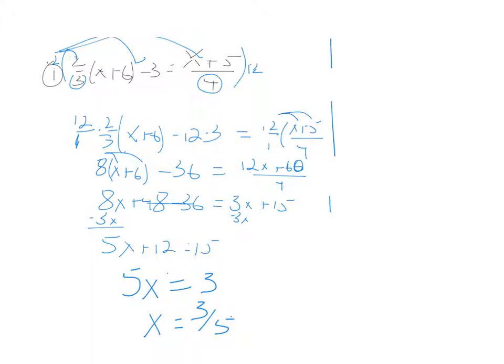If you had preferred, at the beginning you could have started this by distributing: 2/3 times x is 2/3 x, and 2/3 times 6 is plus 4. Now this marker's not doing as well either. We end up with minus 3 is equal, and if I wanted to, I could divide both of these out. We end up with 1/4 x plus 5 over 4, and you can barely read that.